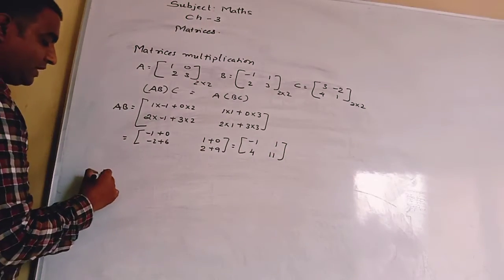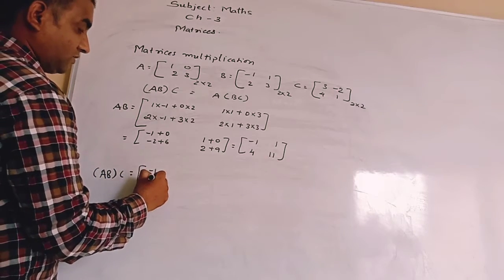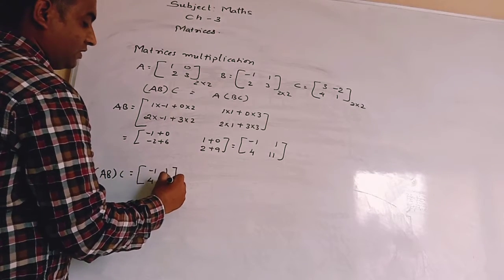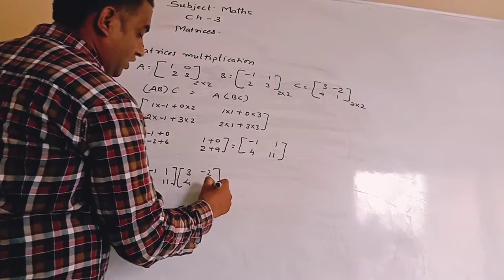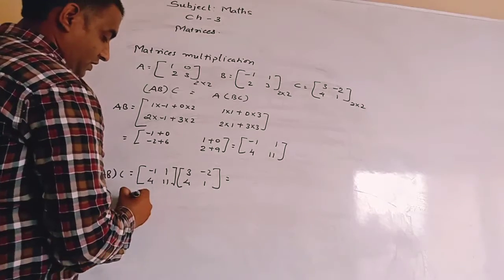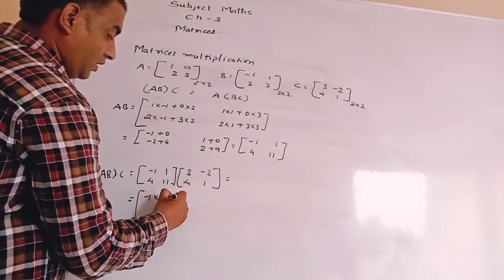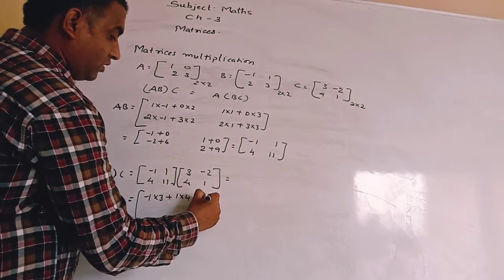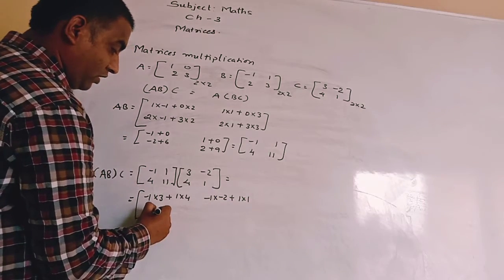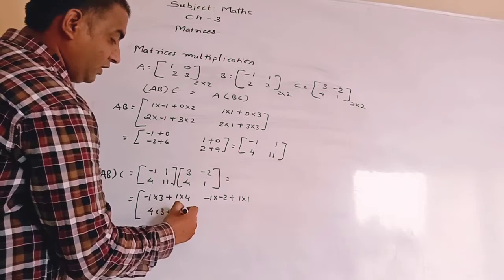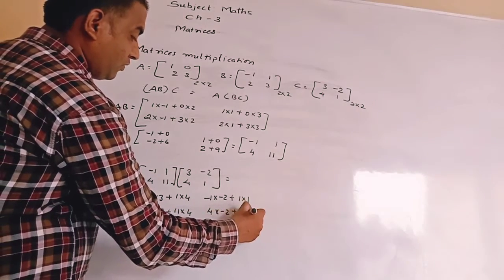Now AB's multiplication with C we require, so it will be -1 1 4 11 into 3 -2 4 1. Again we multiply them: -1 into 3 plus 1 into 4, -1 into -2 plus 1 into 1, 4 into 3 plus 11 into 4, 4 into -2 plus 11 into 1.